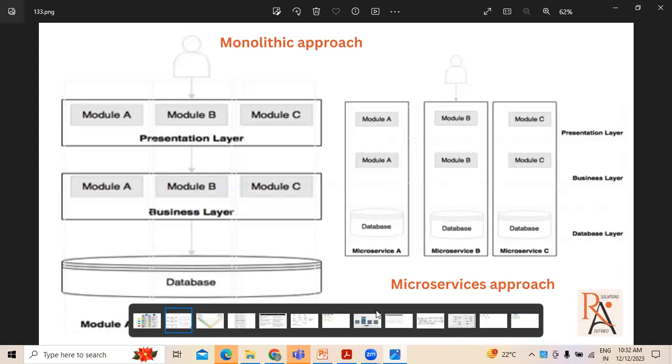I don't say it is 100% zero, but the complexity of the changes to be made to the existing application will be reduced when we follow the microservices approach. Because the earlier monolithic approach was useful and effective in earlier days, but nowadays the situation is different.